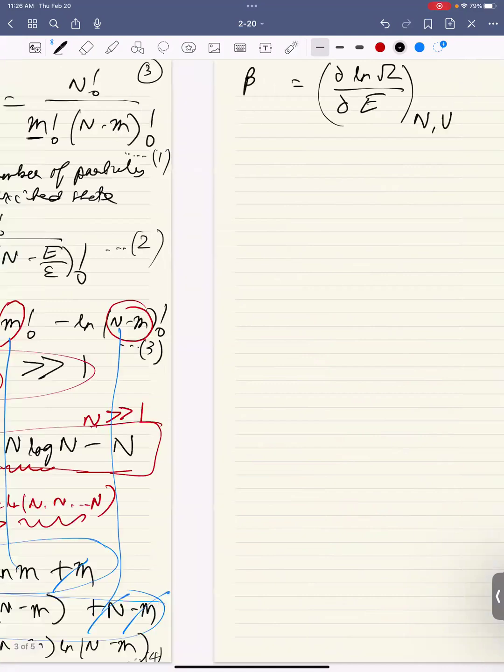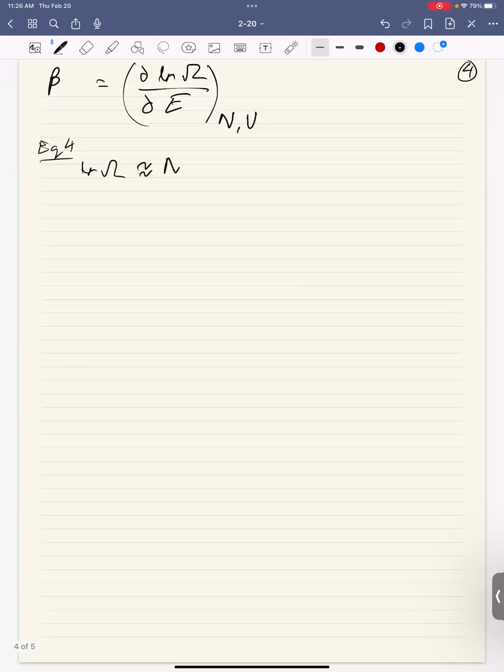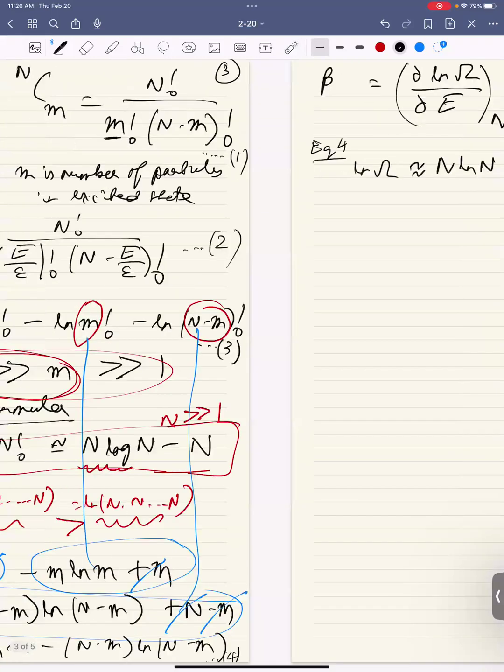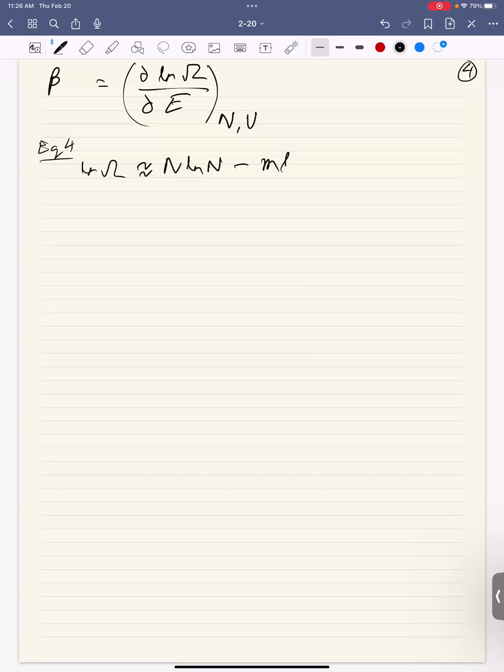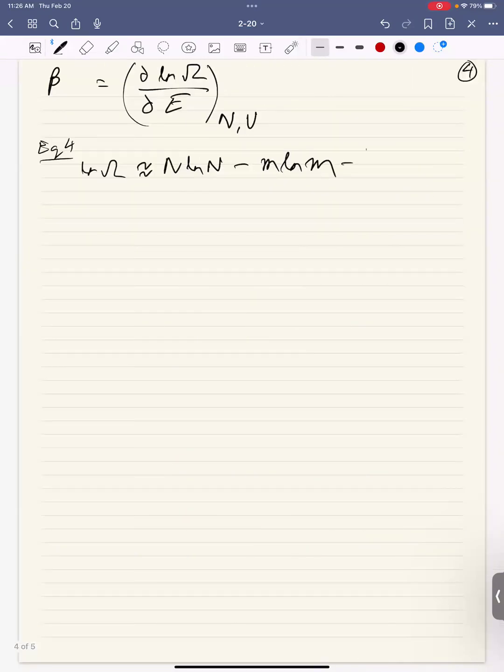So notice that equation 4 is ln omega approximately n ln n minus m ln m minus n minus m ln n minus m. Okay. So to get beta, we have to differentiate this thing with respect to energy at constant n and volume.